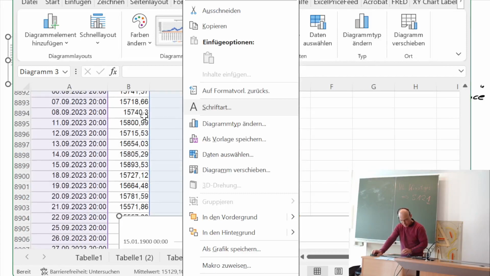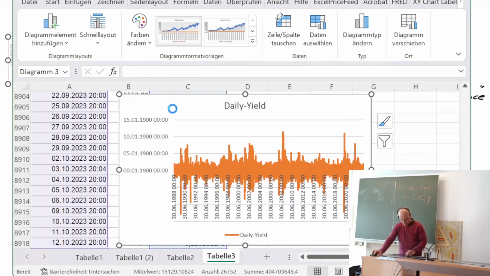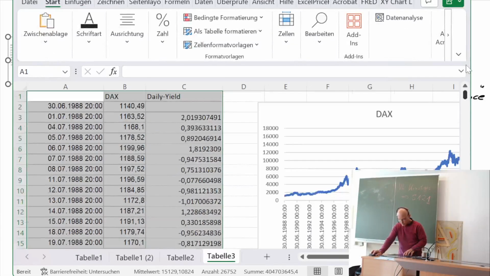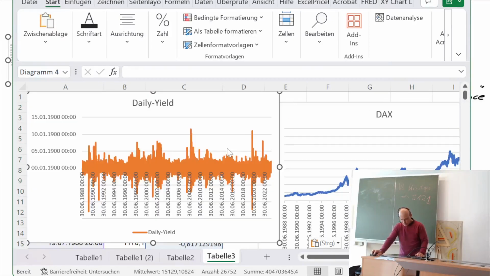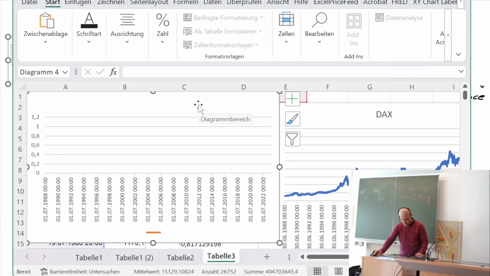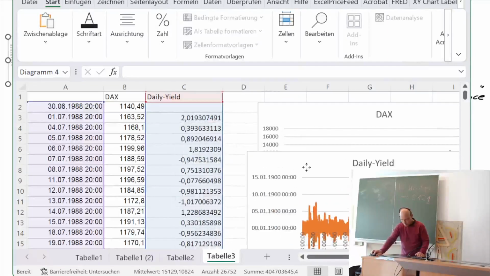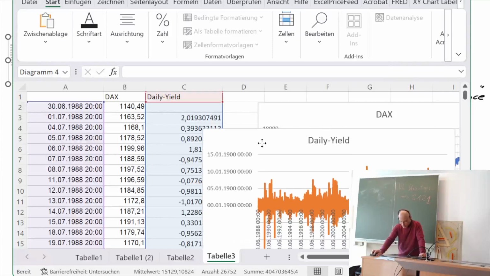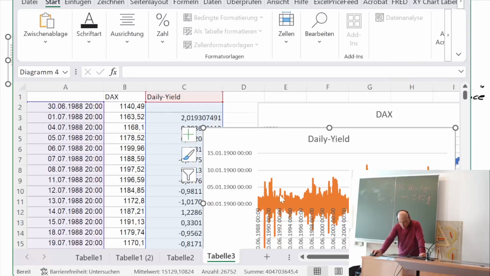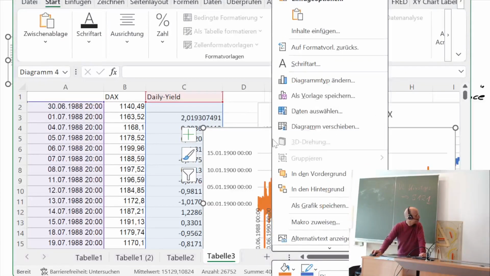And we also have to change, I think, the description of the axis. Do we have here? Oh, this you don't see. Sorry.